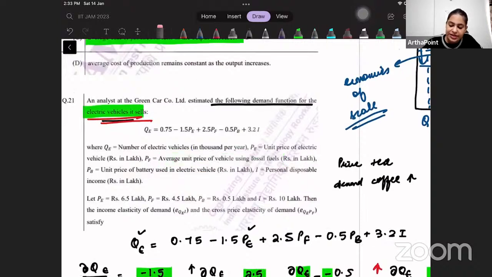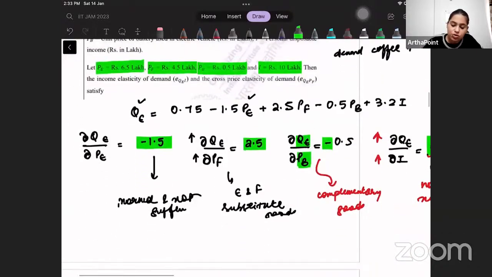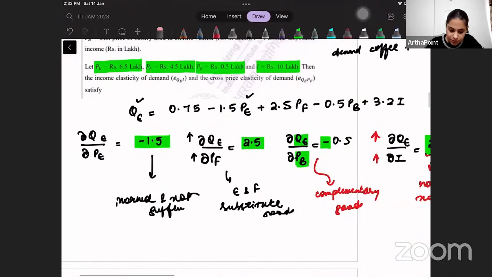So they have given us the values. What are the values given to us? PE is 6.5. You put 6.5 here. PF is 4.5. You put 4.5 here. PB is 0.5. You put 0.5 here. I is 10 lakh. You put 10 here. So what will come out to be your QE?